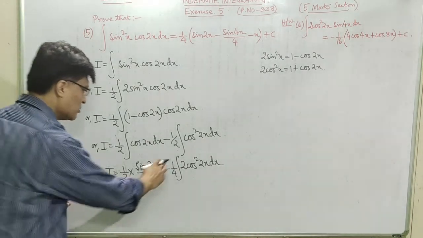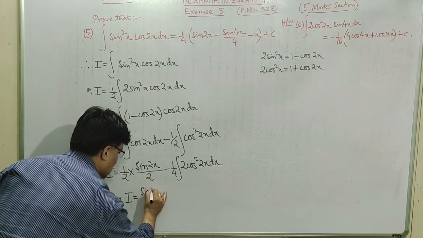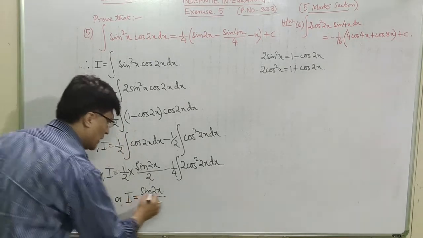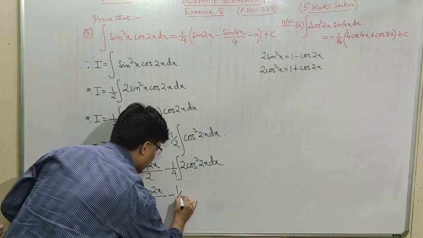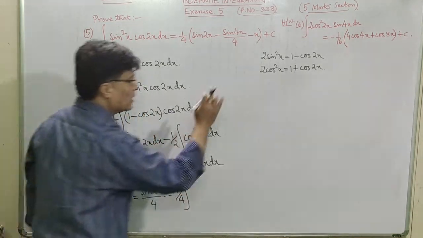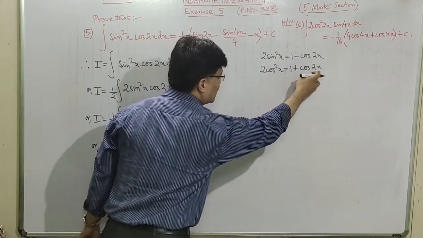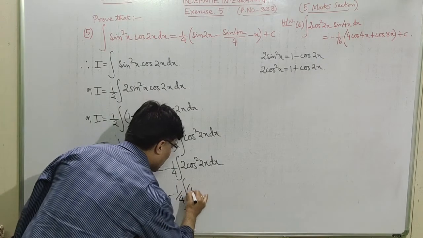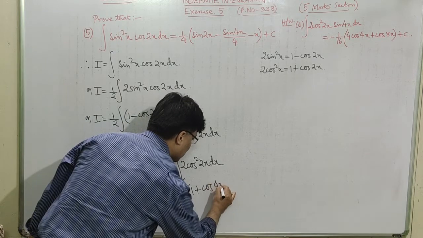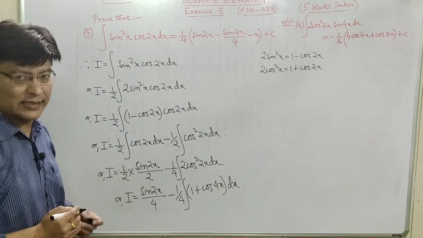Now let us use the formula here. I is equal to sin 2x by 2, 2 twos are 4, then minus 1/4 integration of, what is the formula for 2 cos²2x? If 2 cos²x is 1 plus cos 2x, the double of x is 2x. Now what is here? 1 plus cos, what is the double of 2x? That is 4x. Then we write dx there.